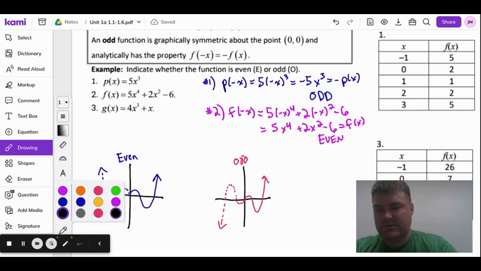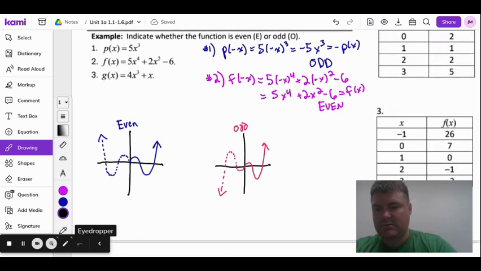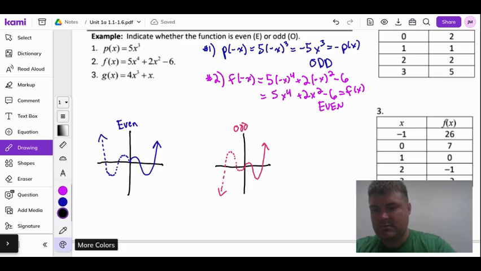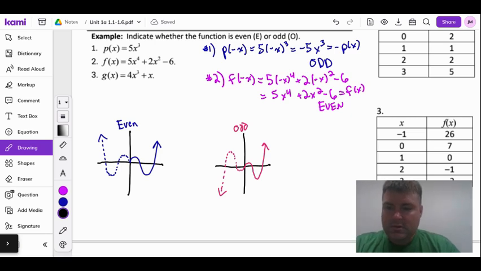Okay, let's go to our last one. Let's pick a better color. All right, I tried picking a different color and I'm having technical difficulties. This is what I get.